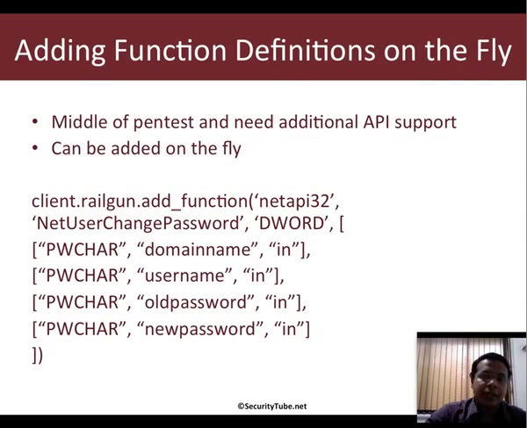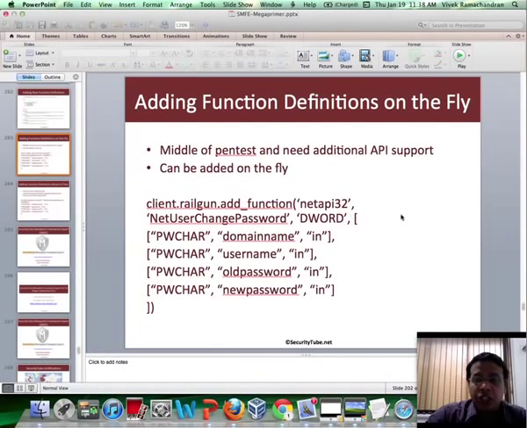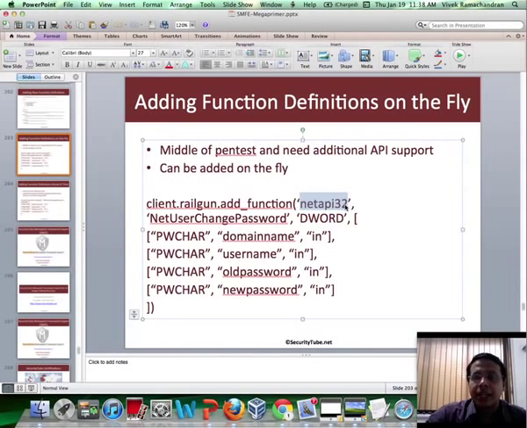So this is where, at runtime, you can add the function by using client.railgun.add_function. The first thing is the name of the DLL, netapi32. The second thing is the function you want to add.